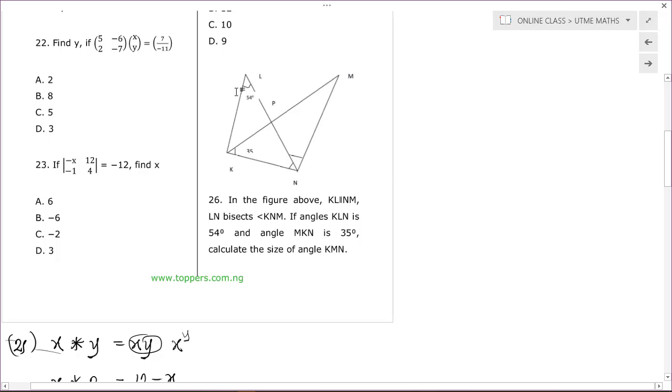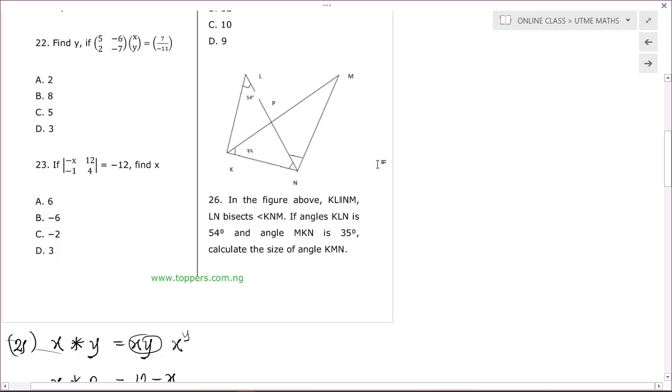Then they now say that LN bisects angle KNM. It's divided into two equal parts. That's the meaning. If angle KLN is 54 degrees, angle MKN is 65 degrees. Okay. Calculate angle KMN.